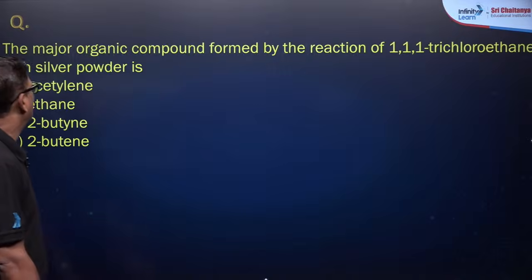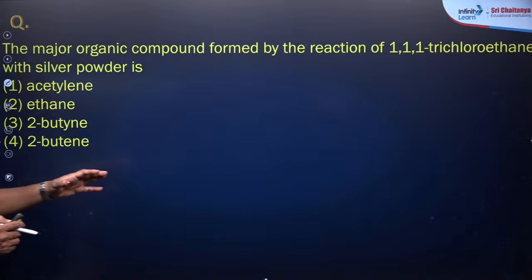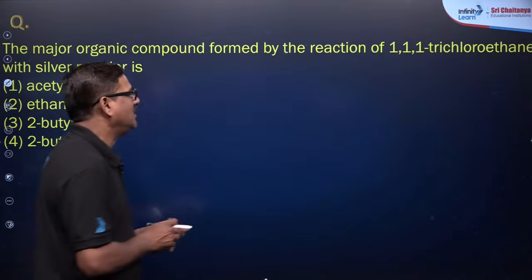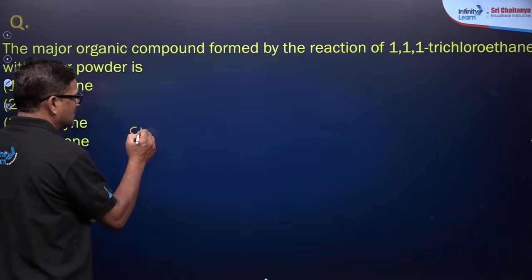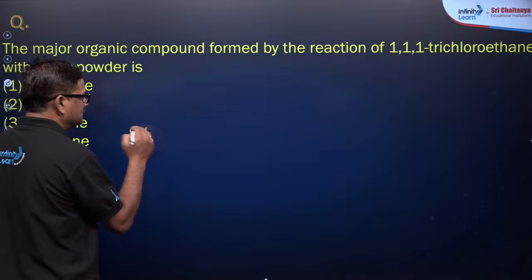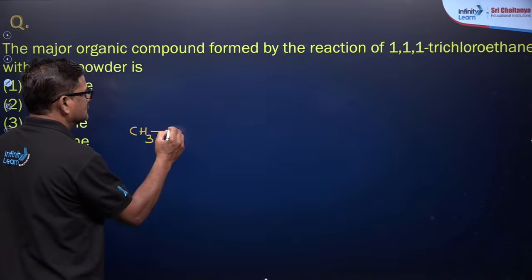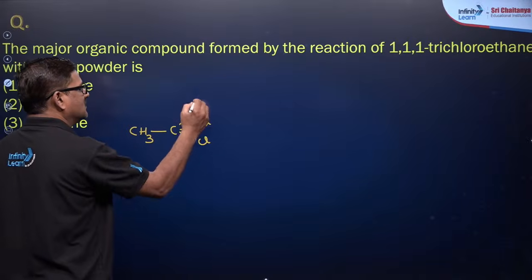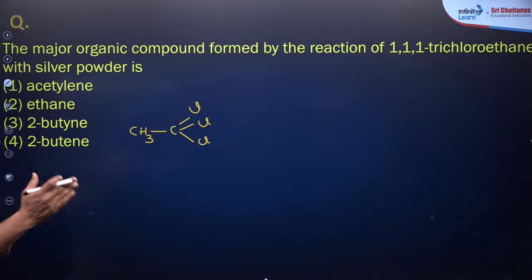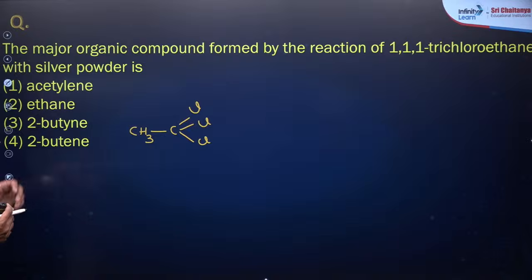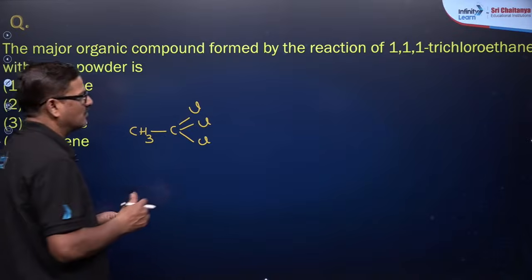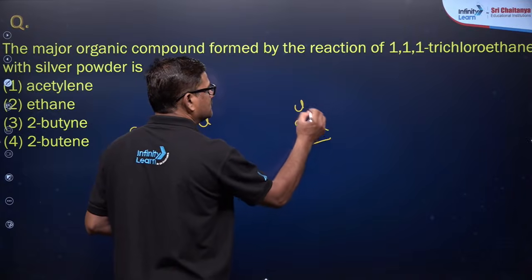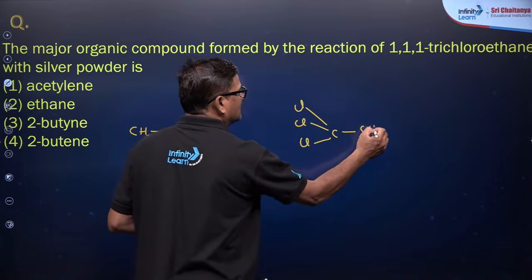Now one more. The major organic compound formed by the reaction of 1,1,1-trichloroethane. So CH3, CCl3, 1,1,1-trichloroethane with silver powder. So what will happen? Cl, C and CH3.